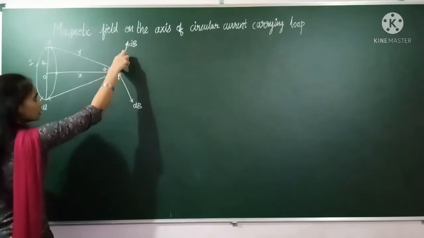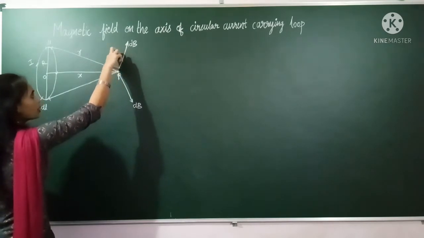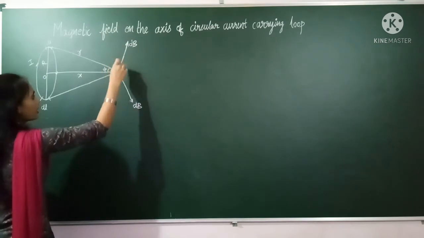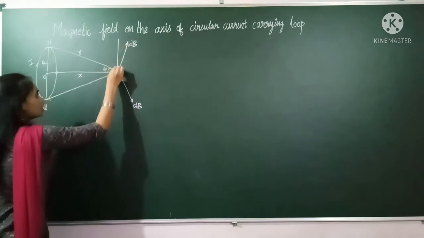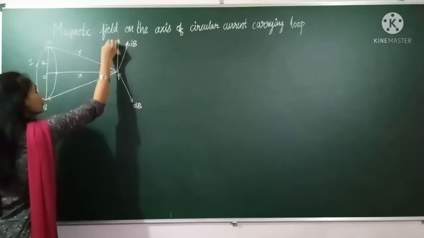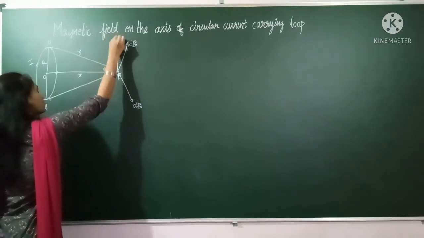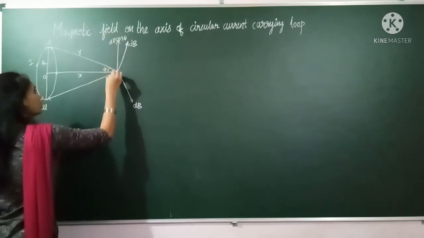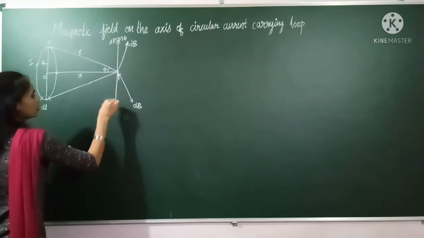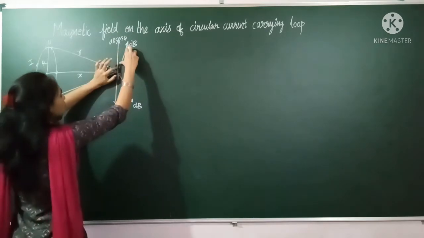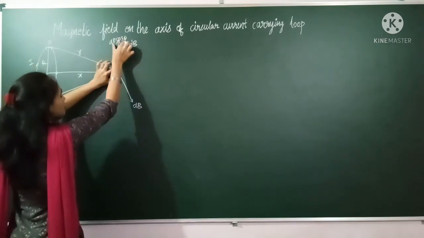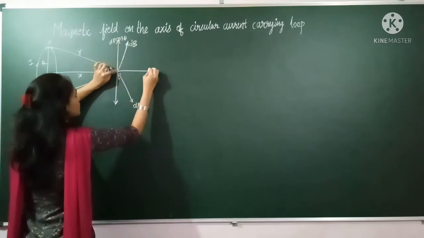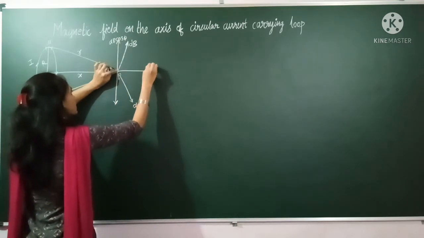So each vector is resolved into two components, one perpendicular component and one parallel component. So this is dB cos phi, and this is the perpendicular component, and this is the parallel component, that is dB sin phi.